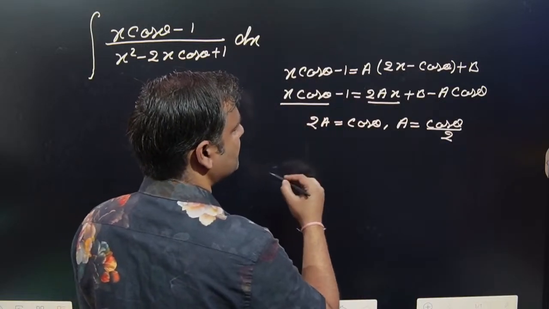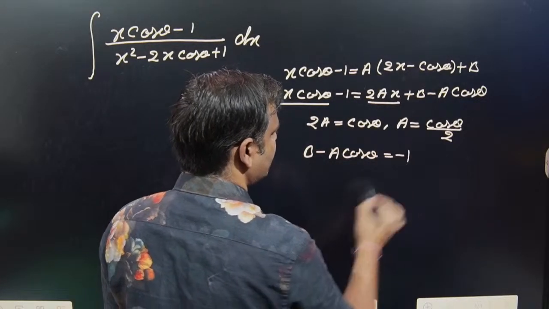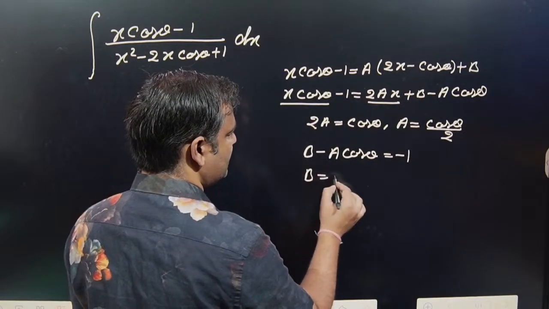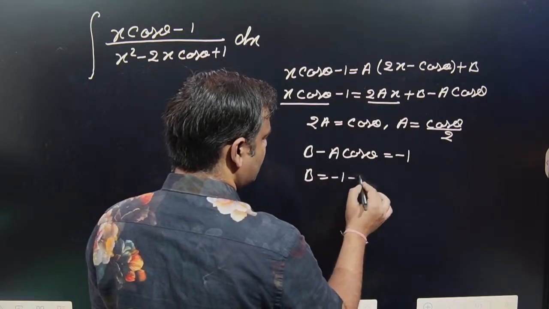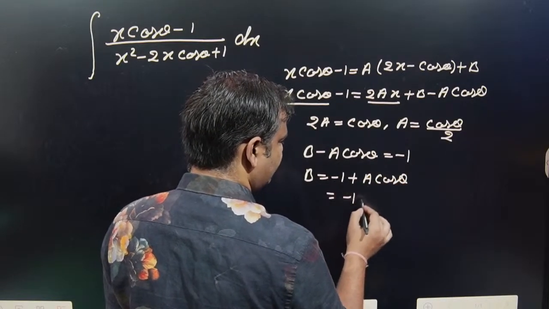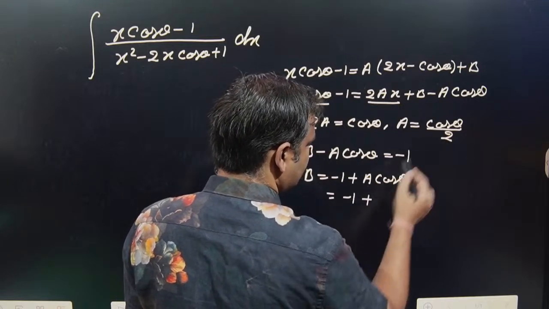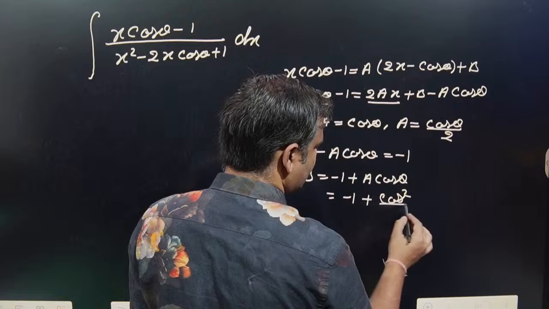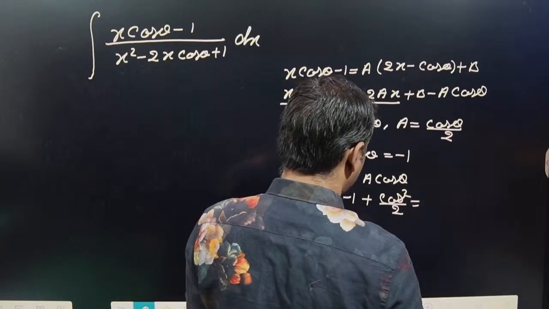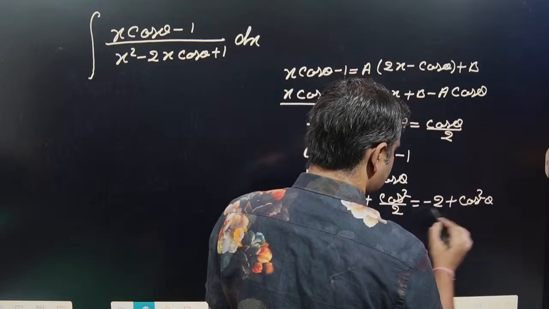And second, b minus a cos theta is equal to minus 1. So b is equal to minus 1 plus a cos theta, minus 1 plus cos square theta by 2, that is minus 2 plus cos square theta divided by 2.